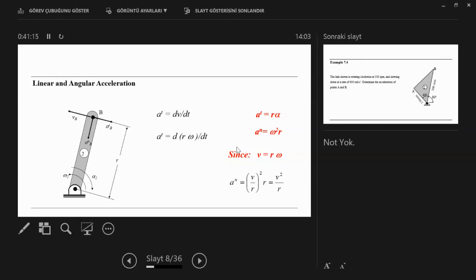If the dolmuş starts to move from zero, because they drive very fast, you tend to move in the opposite direction. And if it is trying to stop, you move in that direction. That means the opposite of the direction of the speed.